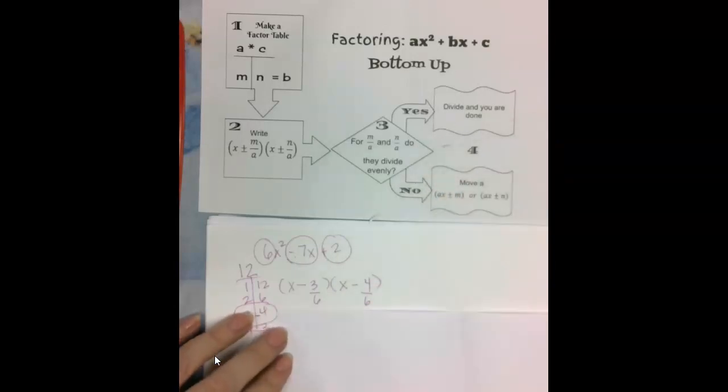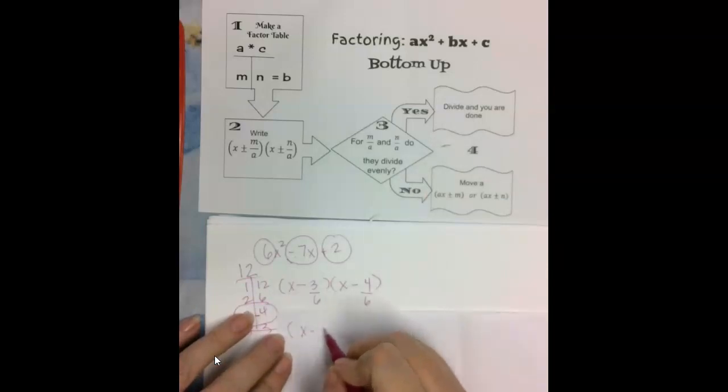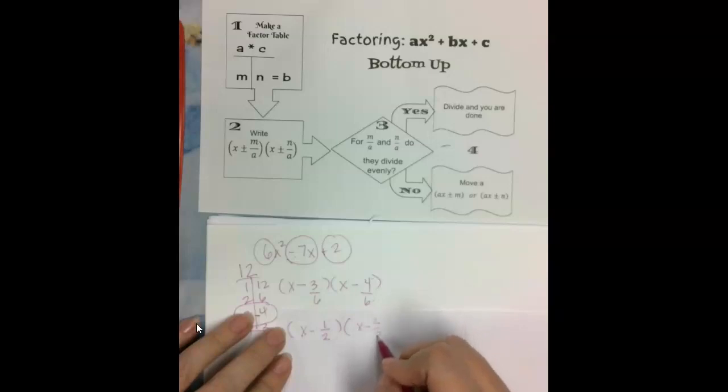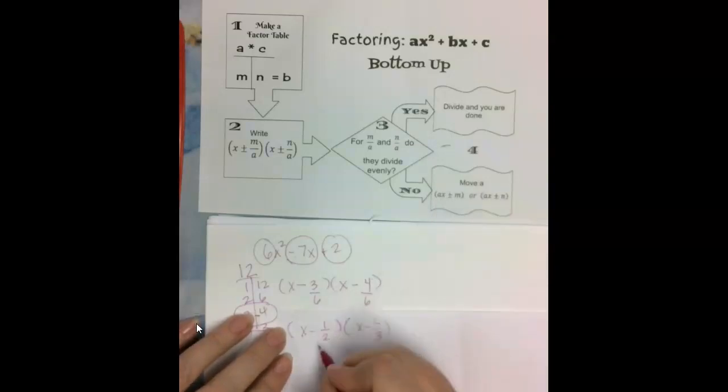So the only extra thing I have to do is, before I can move it up, I need to reduce these fractions. 3 over 6 reduces to 1 over 2, and 4 over 6 reduces to 2 over 3. Now I can move it up like this one. This is going to move up over there, 2x minus 1. This one's going to move up over there, 3x minus 2.